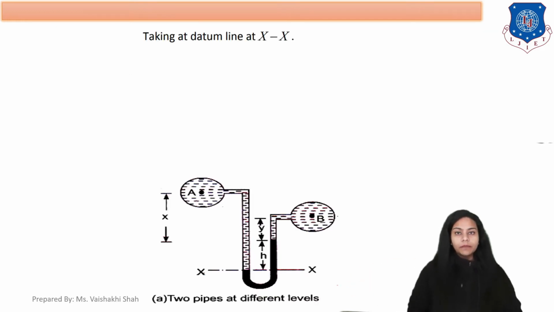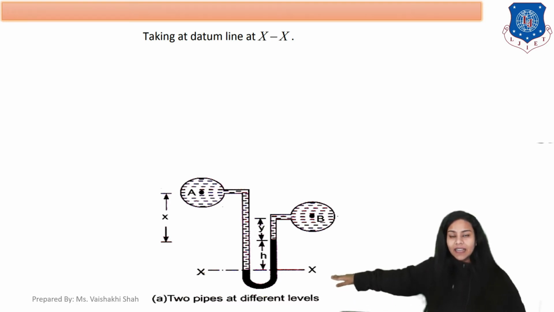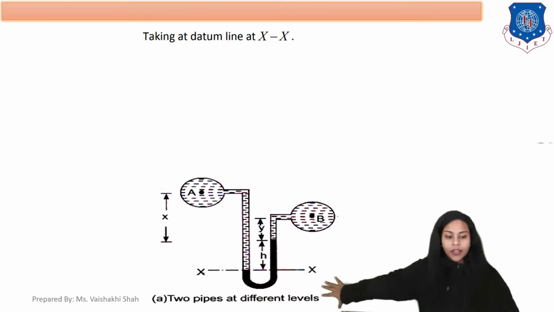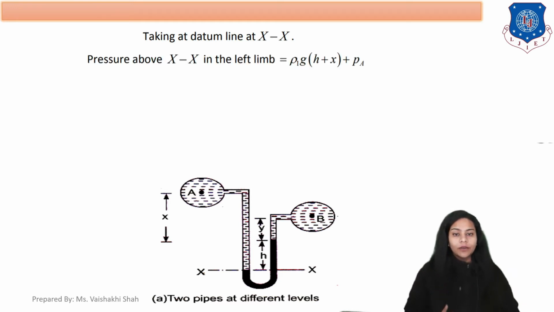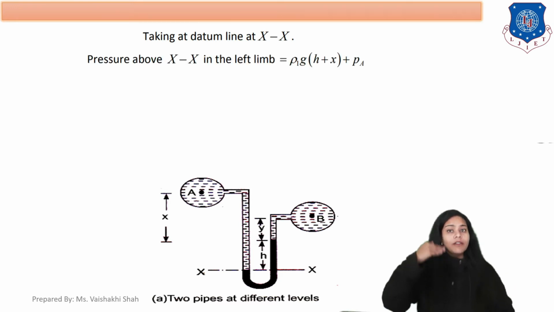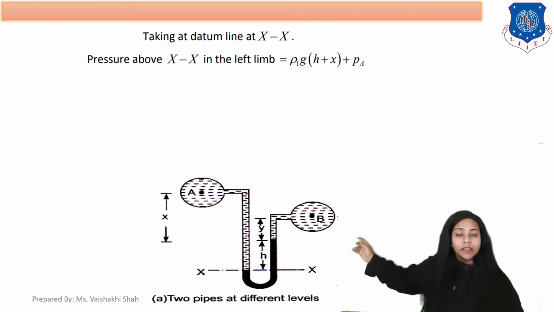This is your diagram. Now, taking datum XX, below this XX section the mercury is filled. So we are considering the XX line as a datum line. Now, pressure above XX in the left limb.